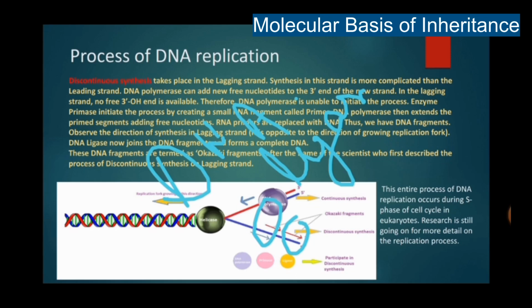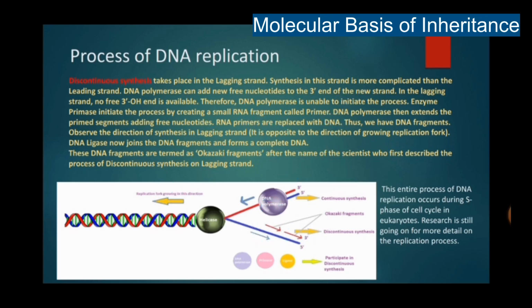So we started today with the replication fork being formed, and one of the strands is the leading strand, on which there is continuous synthesis of DNA, and the other is the lagging strand, where there is discontinuous synthesis of DNA. Finally, the Okazaki fragments are formed, which are joined together by another enzyme known as DNA ligase, right?